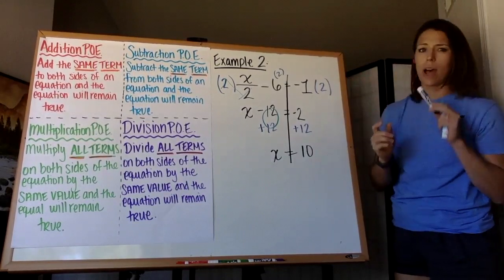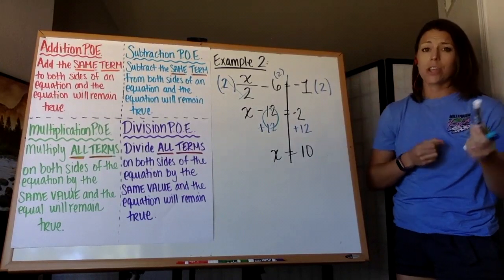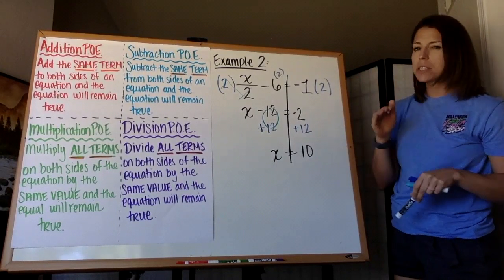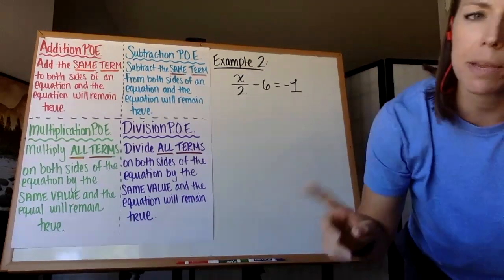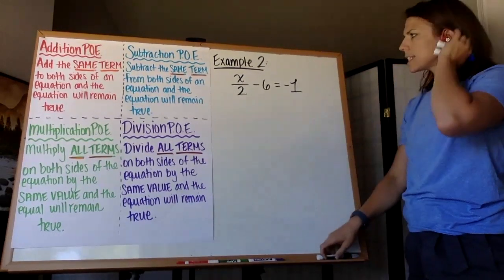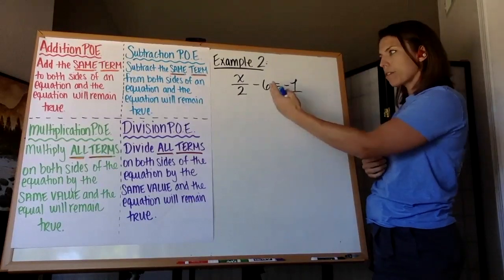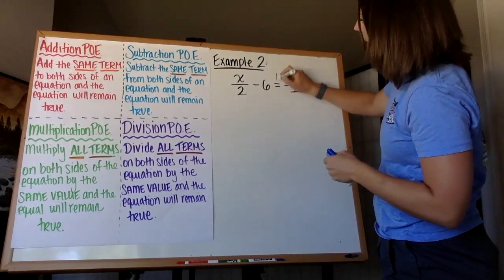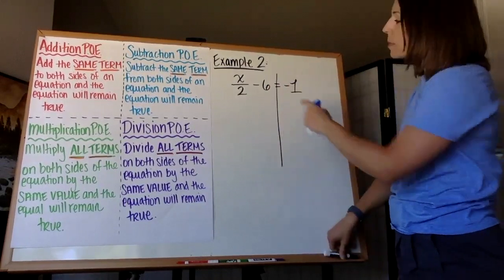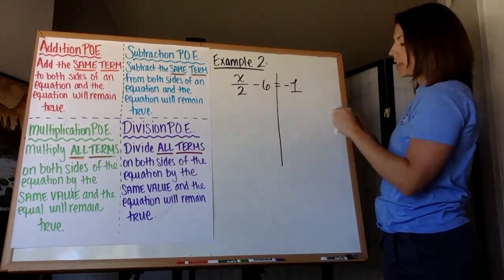Before we do the check though, I'm going to solve this again using a different order of steps just to make sure that I'm still going to get the answer of 10. So same equation, but what happens if, instead of deciding to multiply first, I chose to add first? So again, line down the middle of my equal sign. I'm going to get rid of the 6 first instead of getting rid of the divided by 2.